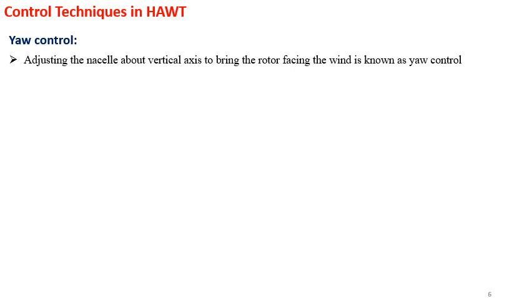In the smaller turbines, yaw control is done by a tail vane, similar to that in an American pumping windmill.